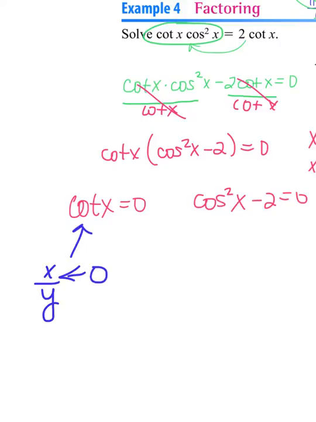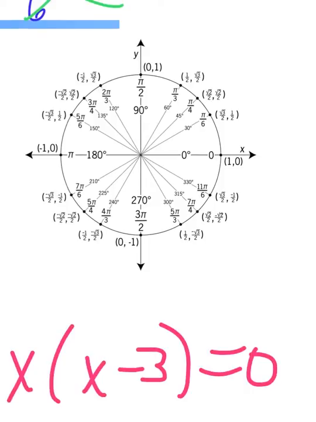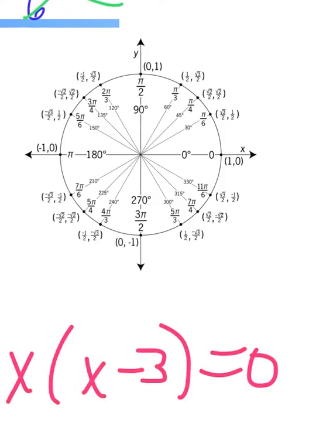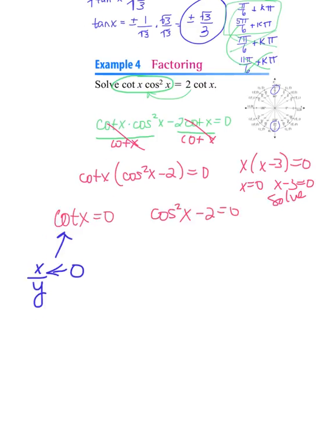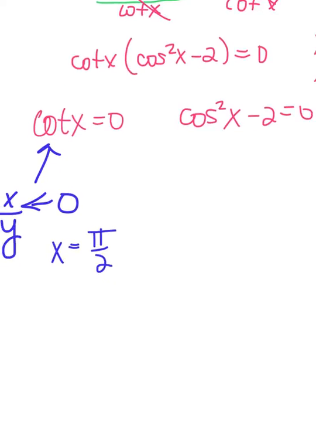So you're going to go to the unit circle, and you're going to look for all of the x values that are 0. Where are my x values 0? Pi over 2 and 3 pi over 2. So I'm going to say, okay, x equals pi over 2 and x equals 3 pi over 2.